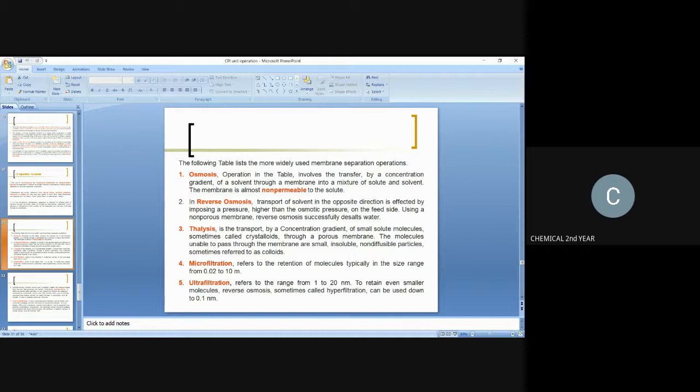Dialysis is a transport by a concentration gradient of small solute molecules, sometimes called crystalloids, through a porous membrane. The molecules unable to pass through the membrane are large, insoluble, non-diffusible particles, sometimes referred to as colloids.